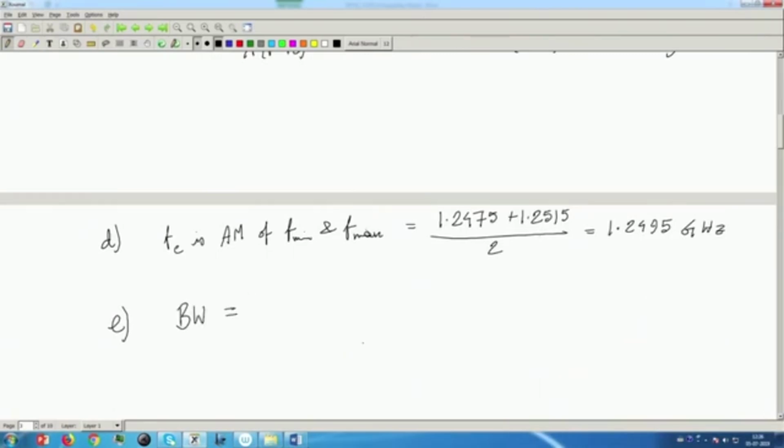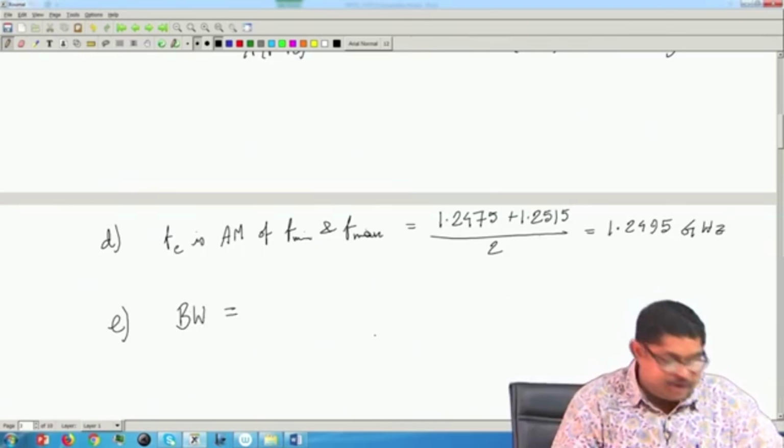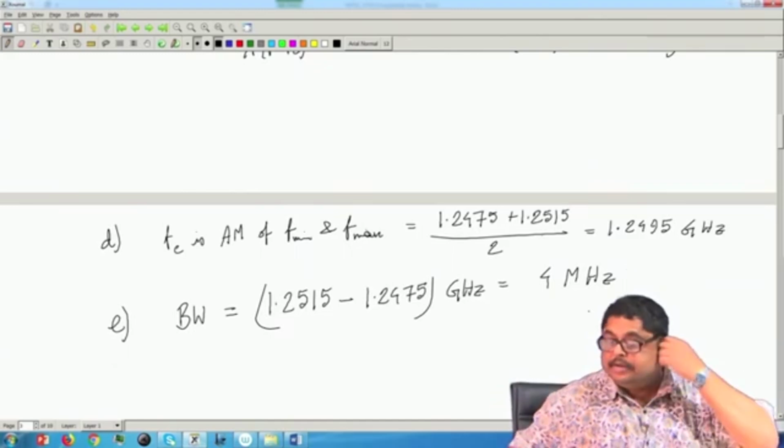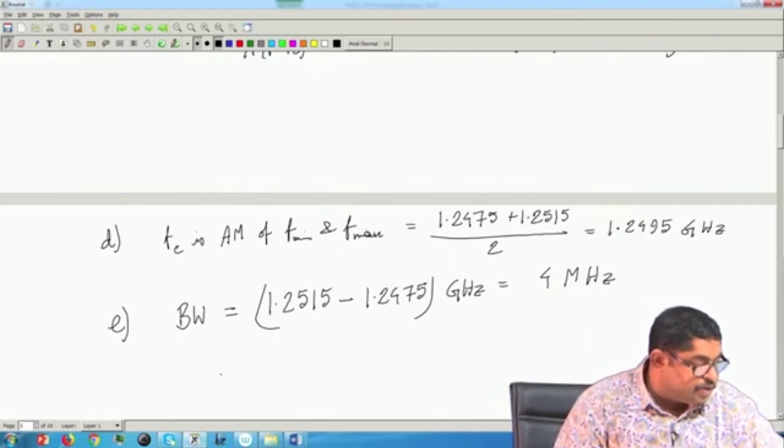Previously it was dependent on the pulse width, but now it is independent. So, it is 1.2515 minus 1.2475 gigahertz. That comes to 4 megahertz. So, previously it was 200 kilohertz, now it has increased, but it is not dependent on the pulse width.